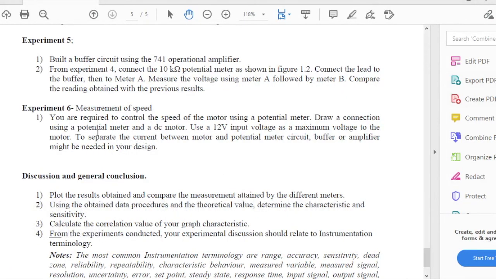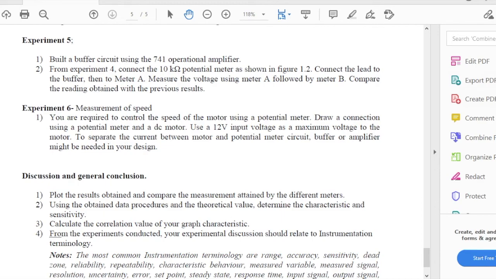Okay, for experiment C is a measurement of speed. The instruction given is to draw the connection using a potentiometer and a DC motor and use a 12 volt input voltage as maximum voltage to the motor.